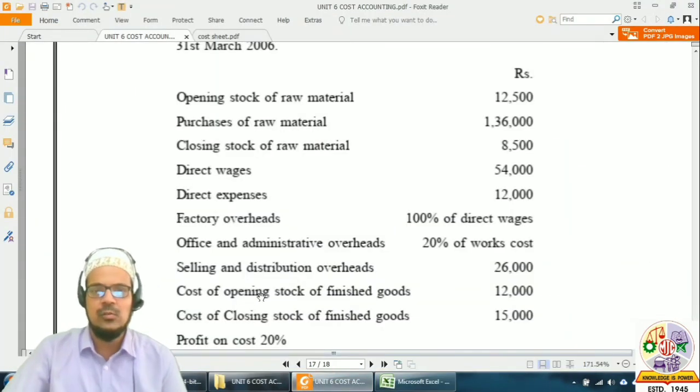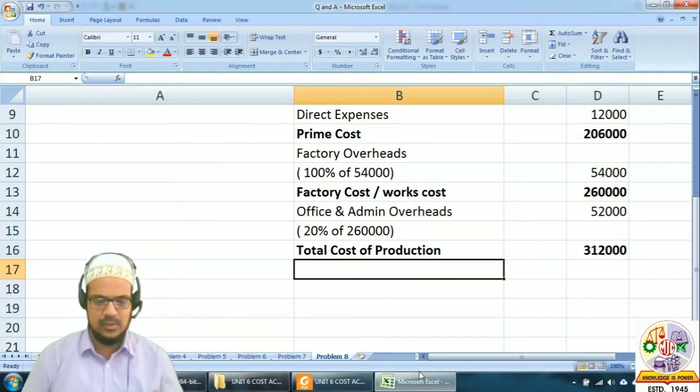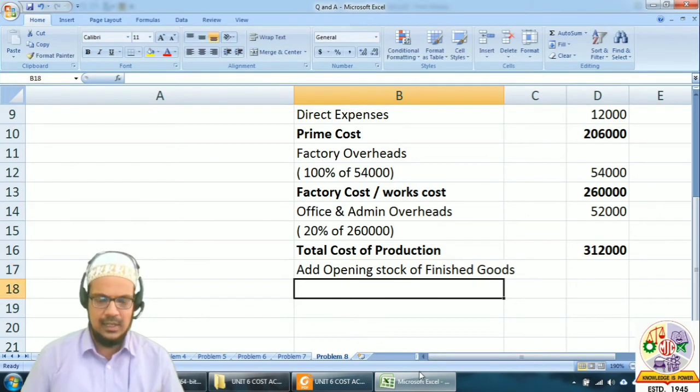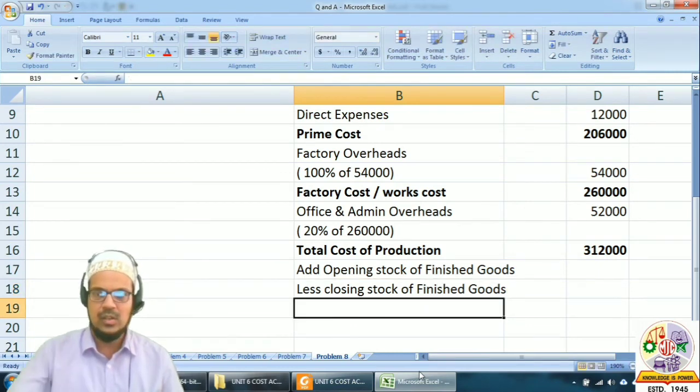So we will add the opening stock of finished goods and less the closing stock of finished goods. Both of these adjustments are required first.